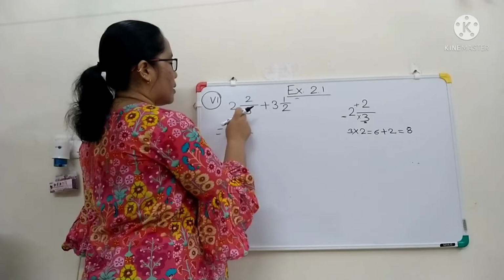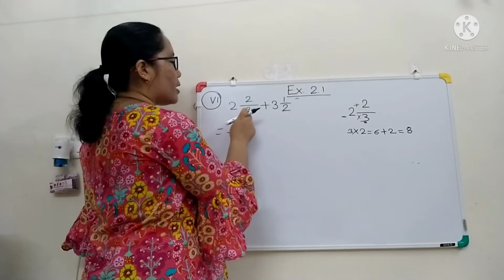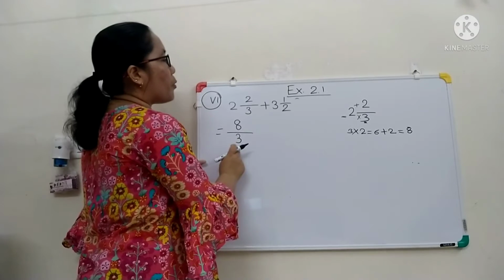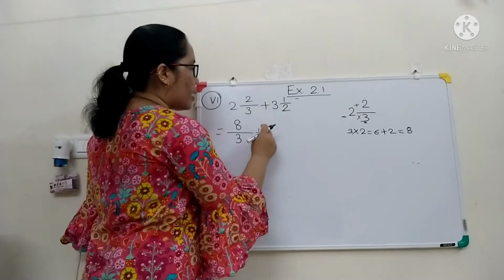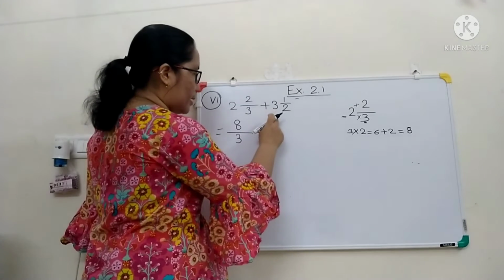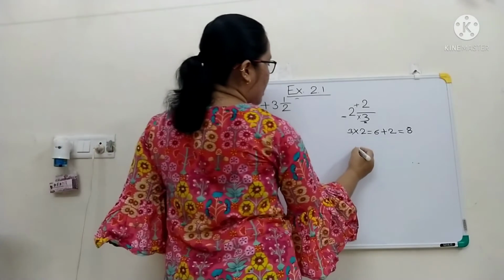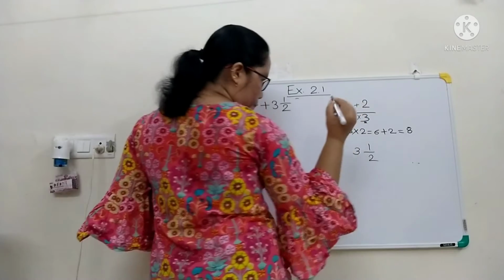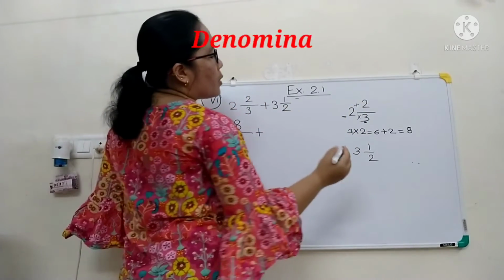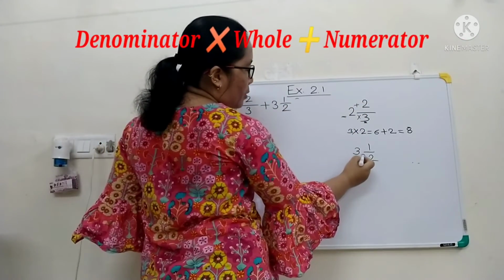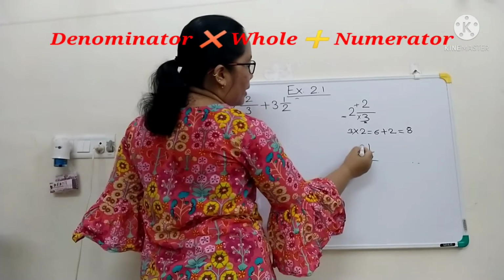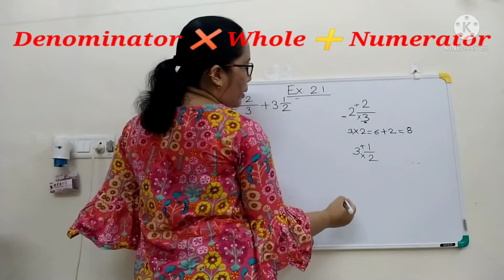Okay, that means here we converted this mixed fraction into an improper fraction. Similarly, we will apply the same method here. So it is also a mixed fraction, that is 3 and 1/2.